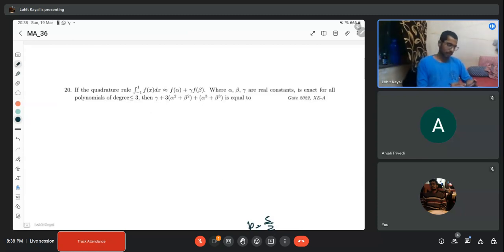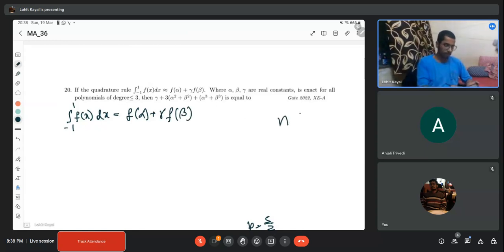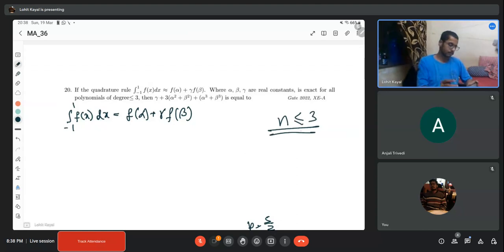The integral from minus 1 to 1 of f(x) dx equals alpha f(alpha) plus gamma f(beta). This is true for all polynomials of degree less than or equal to 3. Then I need to calculate this value: gamma plus 3 alpha square plus beta square plus alpha cube plus beta cube. So how to do that?